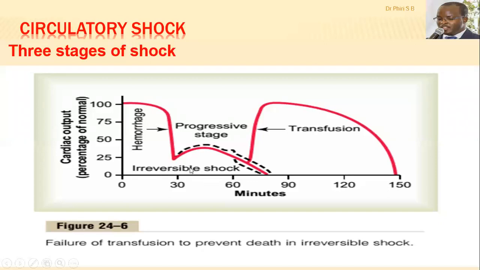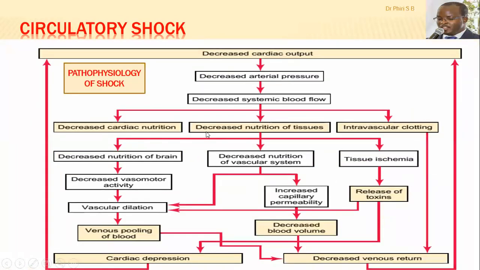Once it reaches this state, even if you do a blood transfusion, nothing will happen. You find that this blood will be just lost somehow, and then the patient will die. So before it becomes irreversible, you need to intervene at the point where you're having the progressive stage of shock. The pathophysiology of shock.